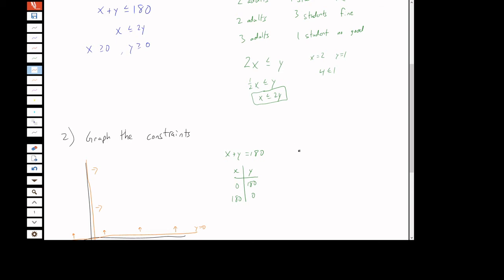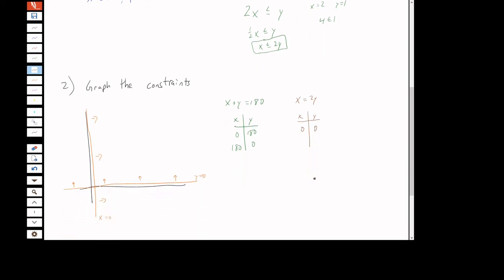So I'm going to look at x equals 2y. Alright. When I try to find the intercepts here, if I plug in x equals 0, I get y equals 0. If I plug in y equals 0, I get x equals 0. I don't get a second point. So we have to pick something else for x. Just looking at the scale that I have with x and y, they're in the hundreds, so maybe I'll pick x as 100.